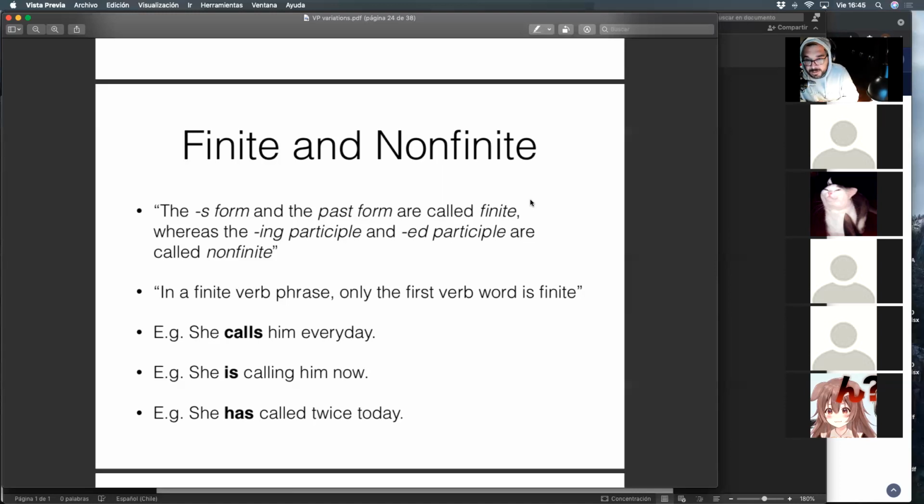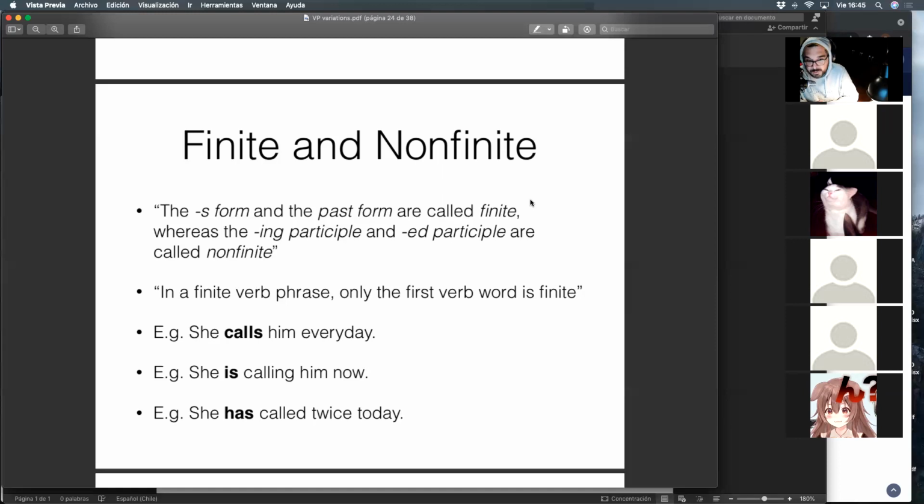In a finite verb phrase, only the first verb word is finite. Therefore, in the example, she calls him every day, the verb phrase calls is finite. Why? Because of the presence of the S suffix in the verb head. But what happens if I have more than one verb? Then the tense is shown by the first auxiliary verb.